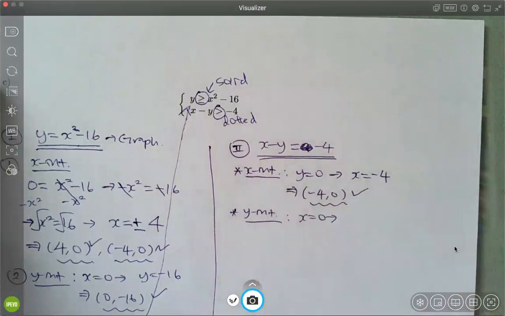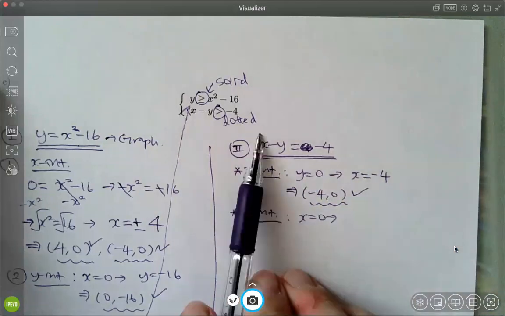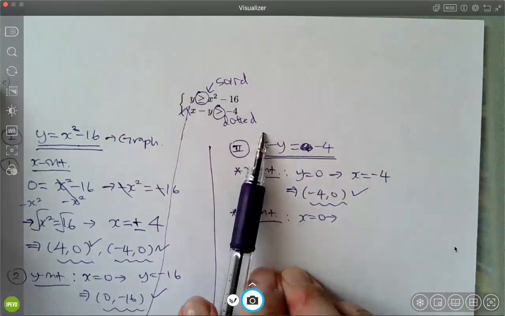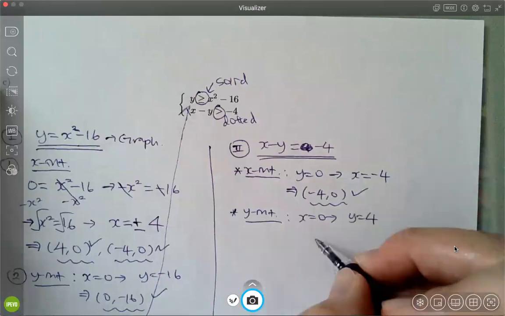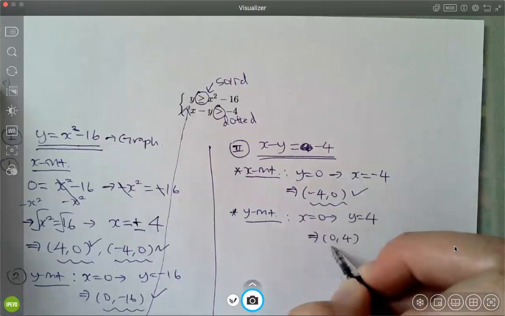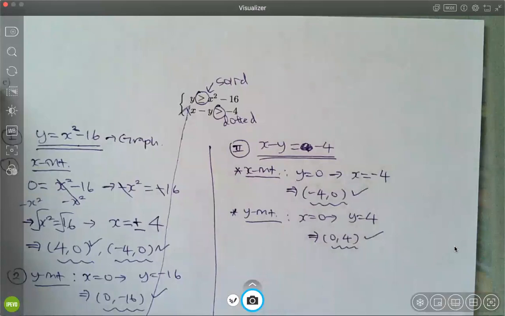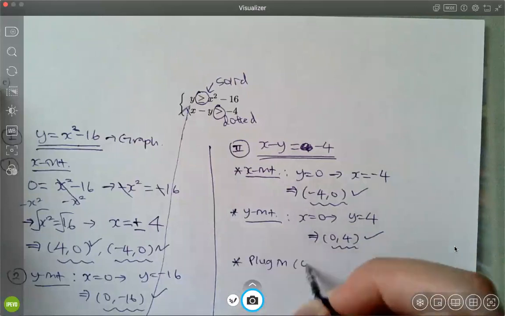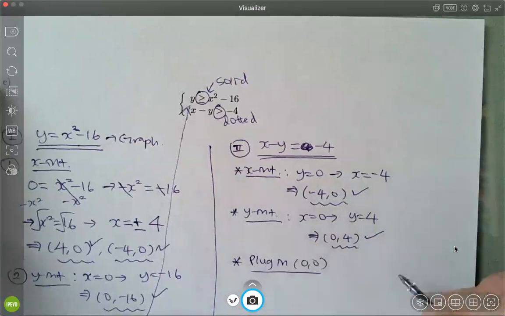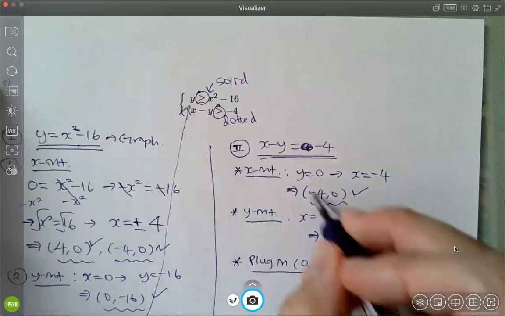Okay, so now what does that mean? Negative y is equal to negative 4. So that means y is equal to just 4. So it passes (0, 4), which is a good point. Okay? And now we plug in the origin to the inequality.